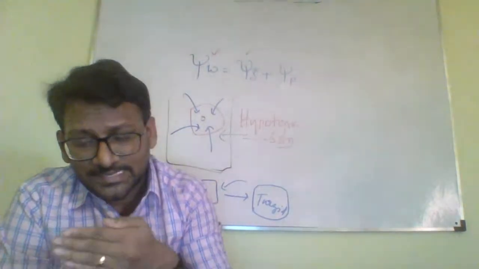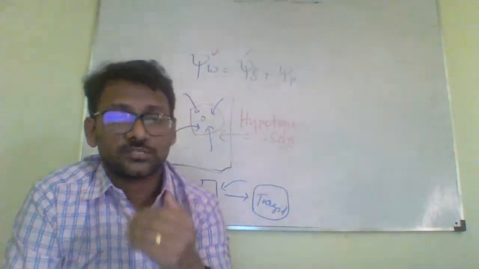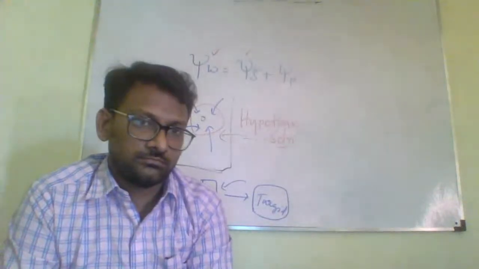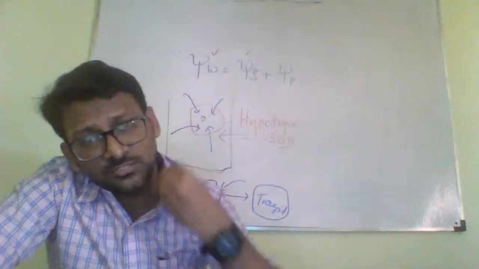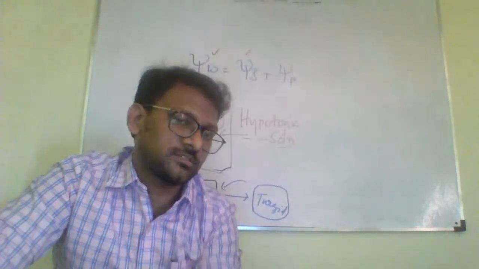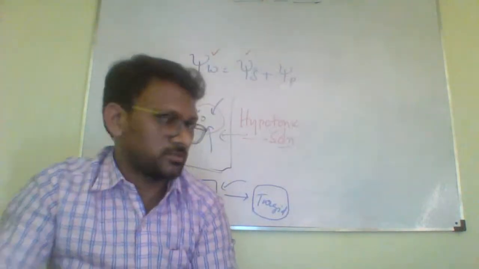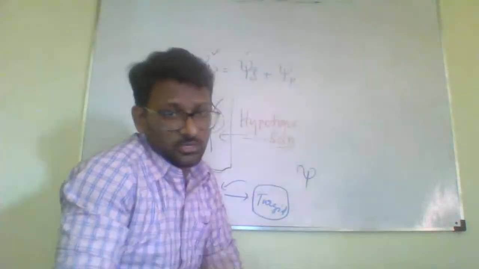So it is actually adding to the water potential. That's why this pressure potential is a positive value. But solute potential is always negative. Why? By the presence of solute, it eventually decreases the water potential. So that's why it is negative. So it is inversely proportional and this is directly proportional. In that way you can draw a final conclusion.